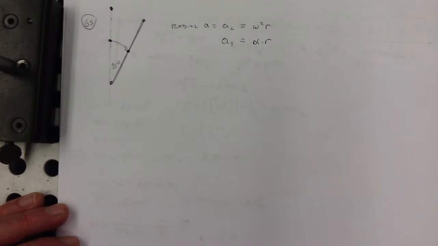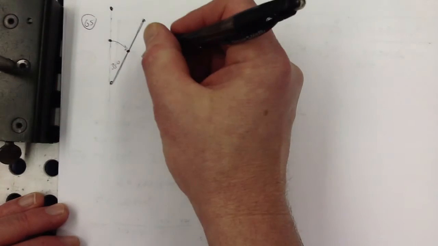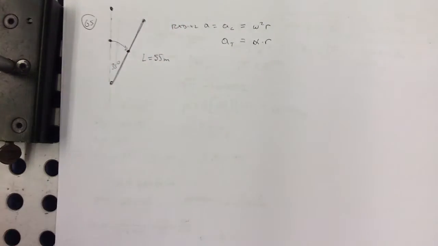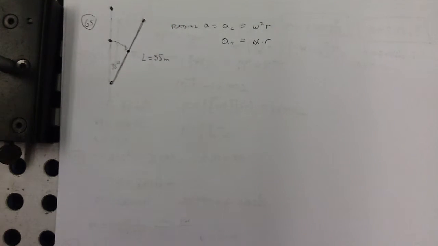And we do know that the height of the chimney is 55 meters, and that's all that we know. We don't know the mass of it.